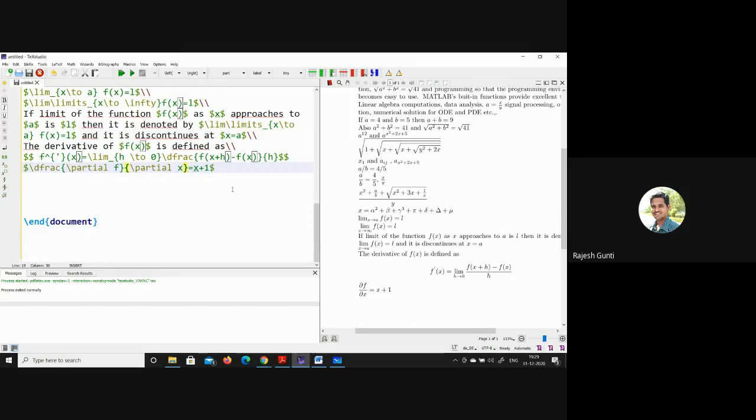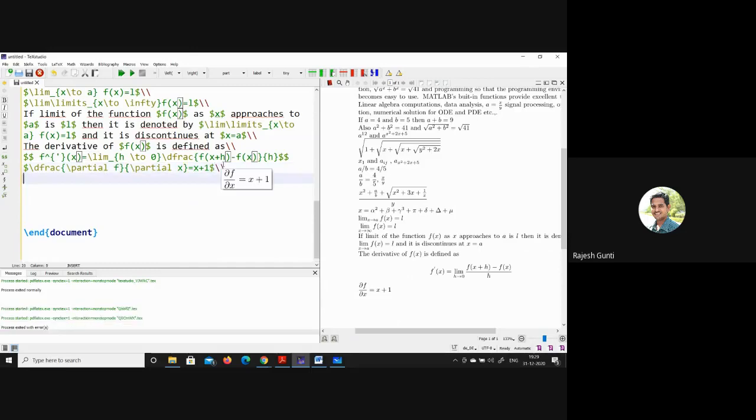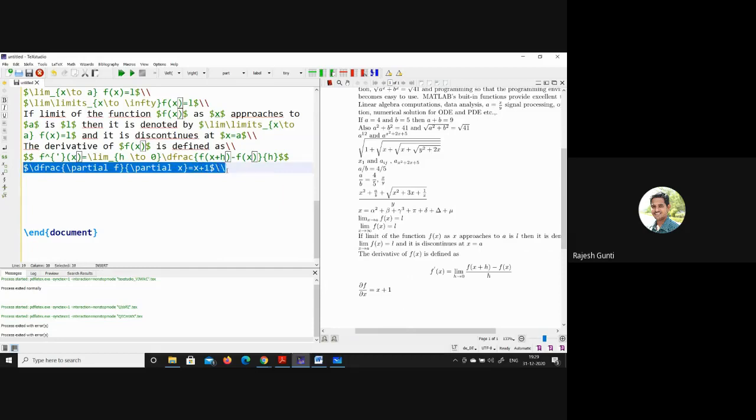Dou square f by dou x square, for example. Same thing, I'm copying it. Control C. One second.